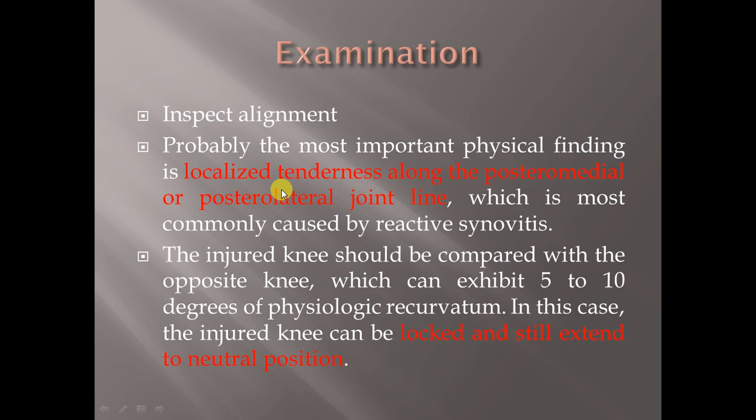You wouldn't miss a meniscal injury, but at the same time it doesn't mean that it is 100% specific to the medial meniscus or to the meniscal injury. Other causes can cause joint tenderness, but it is sensitive, so a good screening test.